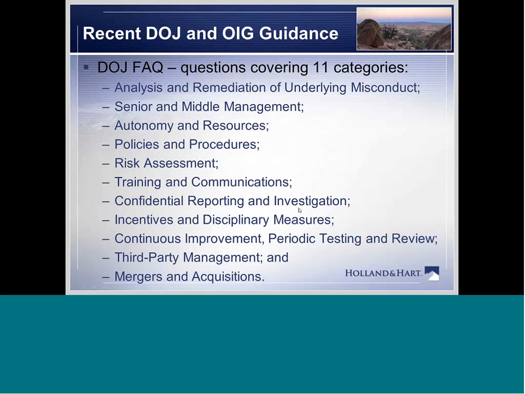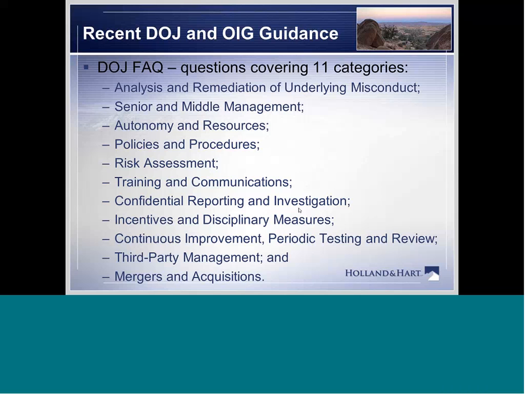The Department of Justice FAQ has questions. It's only about 8 or 9 pages, but it has questions in 11 categories. And they cover, as you can see here, the 7 elements of a compliance program, and then some subsets of those.